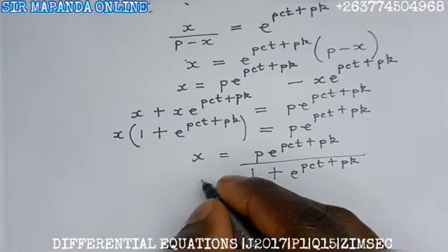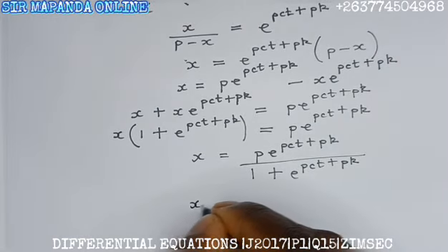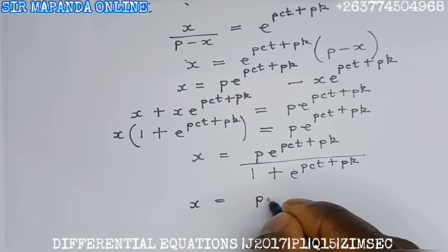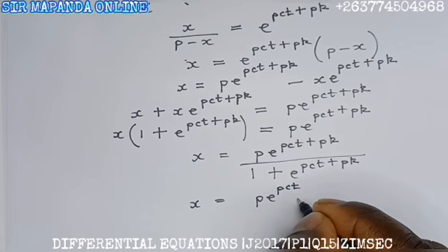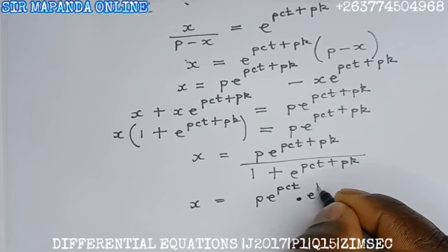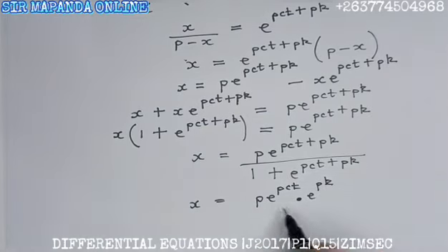This can also be written as x is equal to p e to the power of pct dot product e to the power of pk. Remember, if you multiply numbers of the same base, you add the powers.